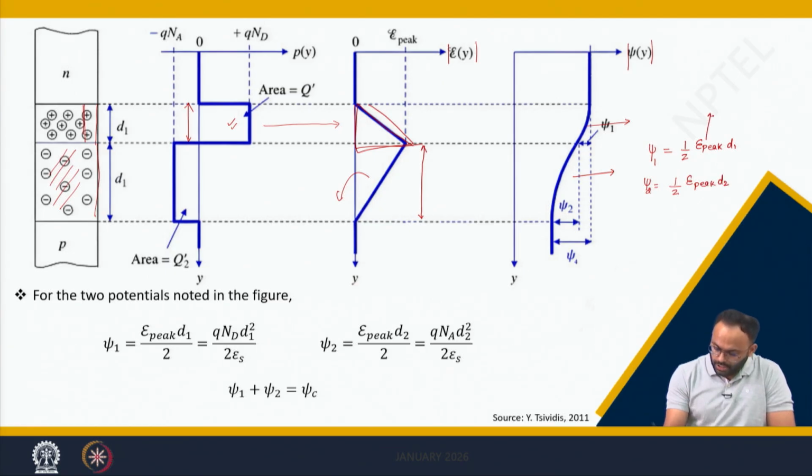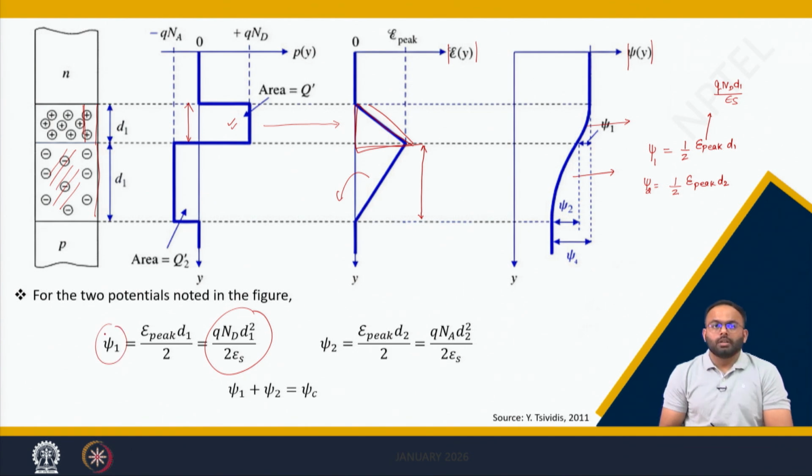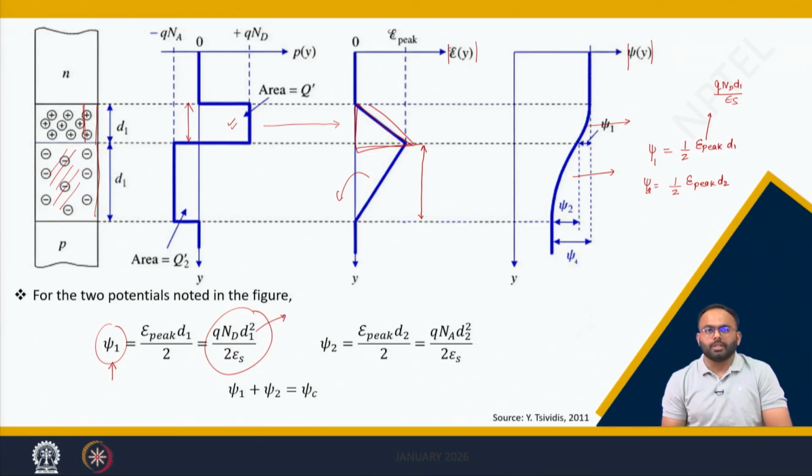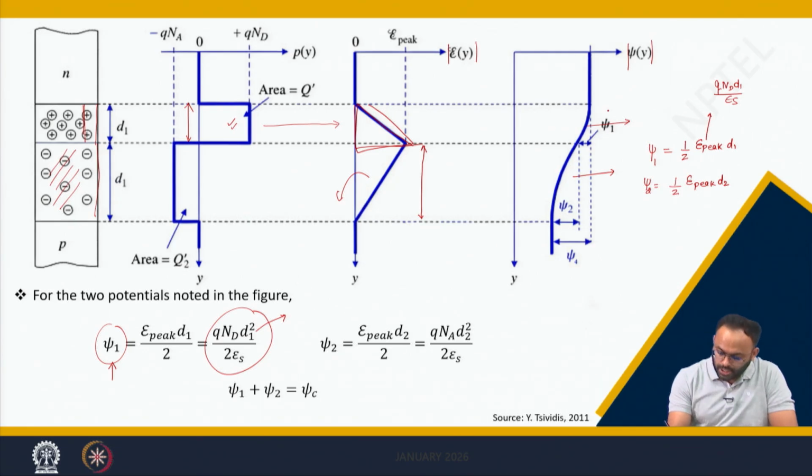If I put in the E peak value, which is Q into Nd into D1 by epsilon s, you can get this equation. So it is clear that the potential drop depends on the square of the expansion width of the depletion region. The total potential drop across the overall depletion region can be given by psi 1 plus psi 2, which is nothing but psi c.